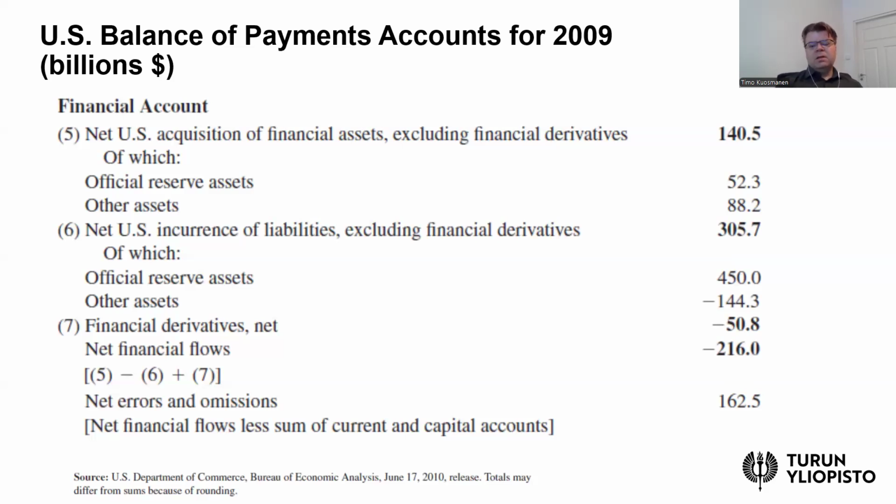So there is quite a sizable gap, and if you compare the financial account deficit and the current account deficit, the difference is called net errors and omissions, and it is quite sizable, 162.5 billion US dollars.